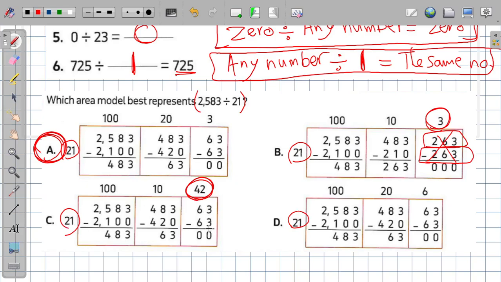He did not divide the two numbers, he subtracted the two numbers. So this model is not right. And the last one here, the mistake will be like here. What is this? 63 divided by 21 is 6. I think it is not right, so this model is not true. So I think the first one is the best choice and the correct choice for this operation.